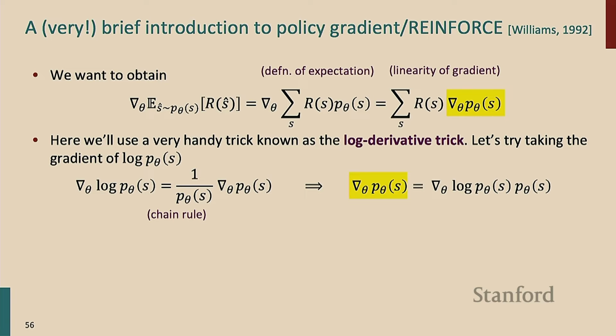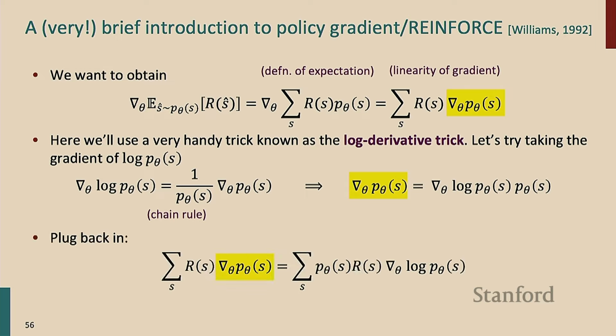And we can plug this back in. The reason we're doing this is because we're going to convert this into a form where the expectation is easy to estimate. So we plug it back in, and that gives us this. If you squint closely at this last equation, this first part is the definition of an expectation.